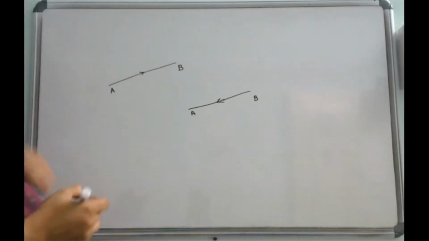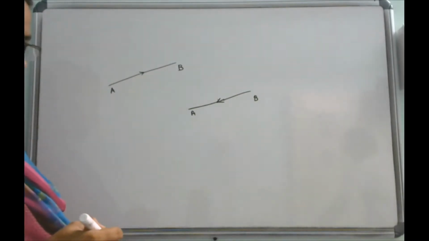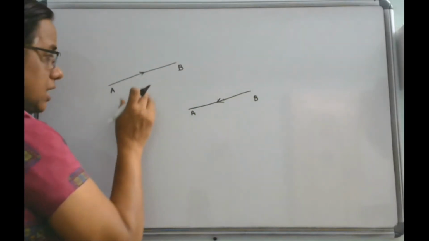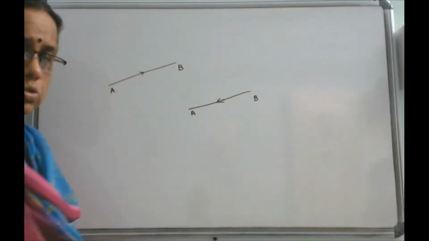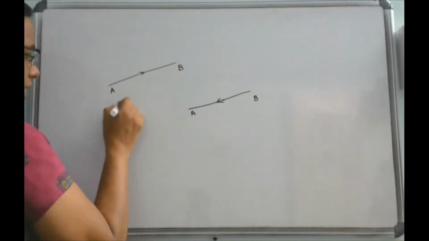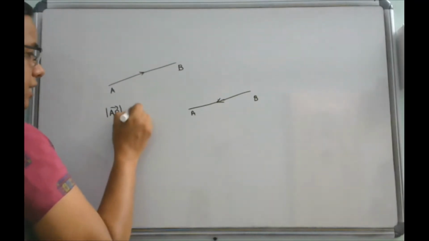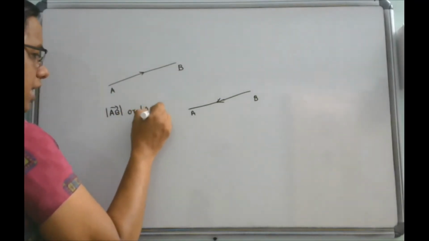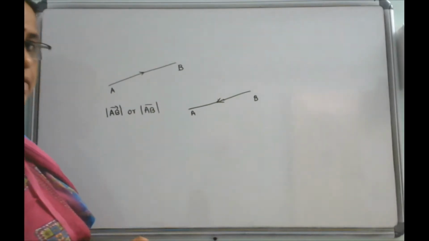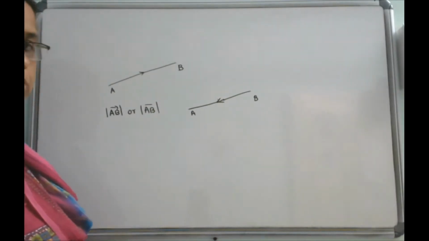So a vector is a directed line segment. That is what I told. So remember the points which we have learned. It is a directed line segment. It has magnitude as well as direction. The magnitude we write in the form of modulus of vector AB. That is how we represent it. Either like this, or if you put AB with a bar over it, that will also be represented as the magnitude, or the modulus, of the vector.